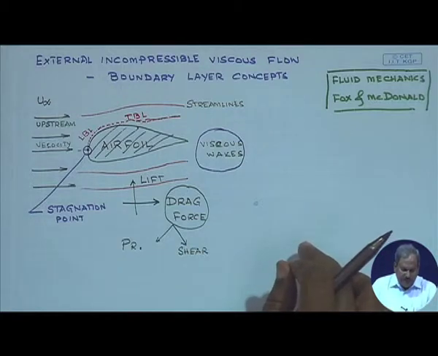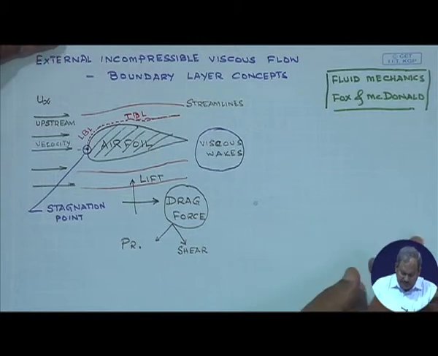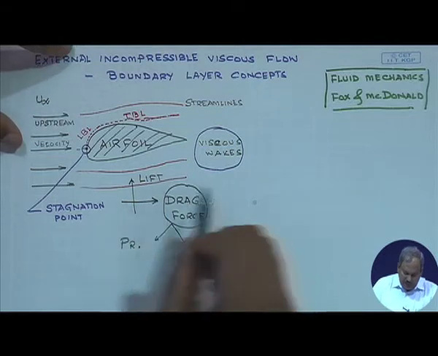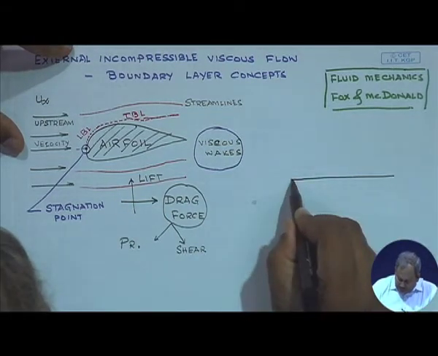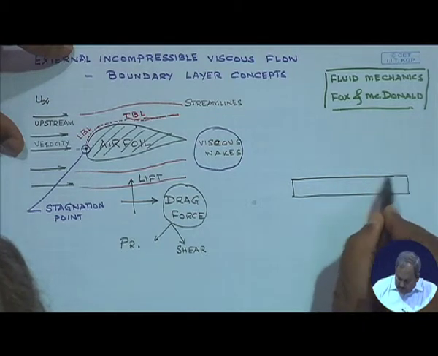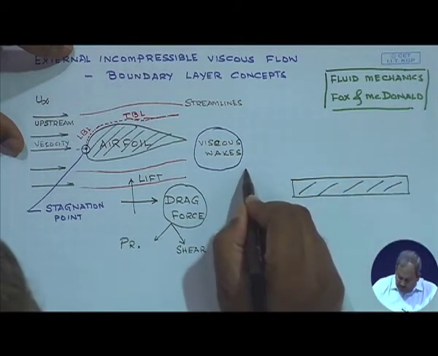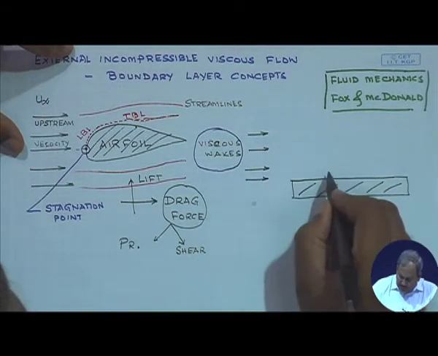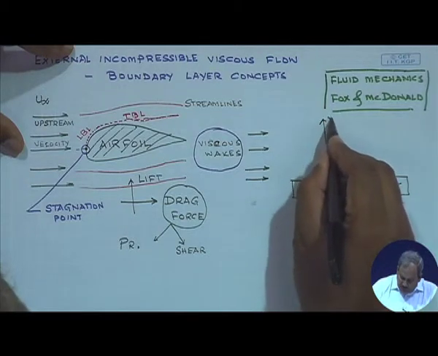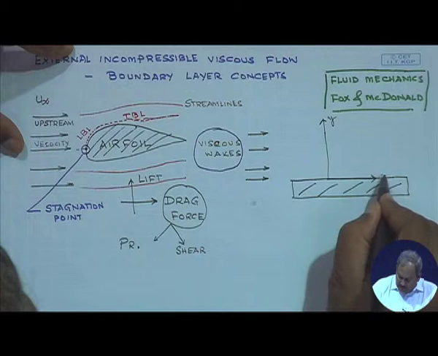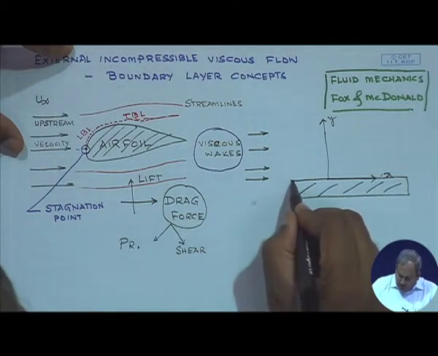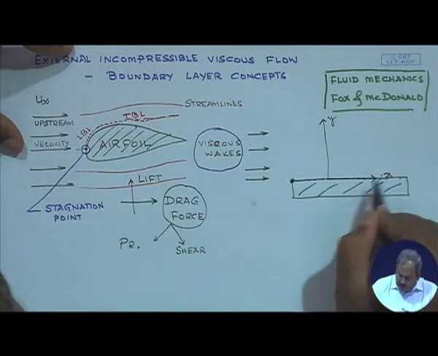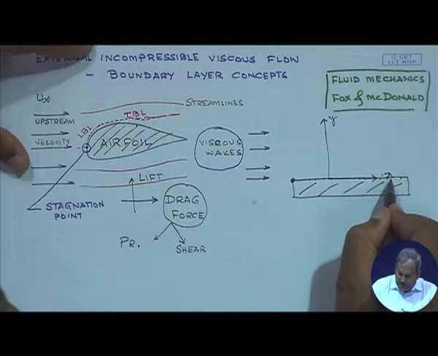Now the situation here is extremely complicated, as you can see that there are so many things we have to keep in mind. Let's say the simplest possible case, I have a solid plate over which some fluid is approaching. This is my y direction and this is the x direction. On the solid plate, the velocity is going to be 0.